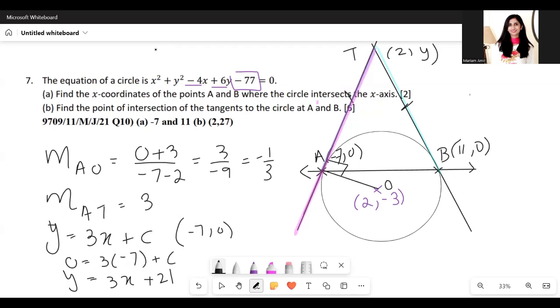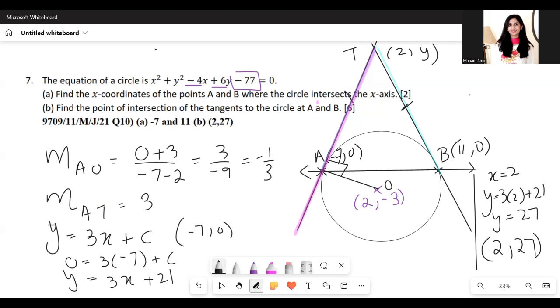Now, when you substitute x equals 2 in it, you'll get the y coordinate. y equals 3 times 2 plus 21. That gives us 27. So the coordinates of that point would be 2, 27, where the two tangents meet.